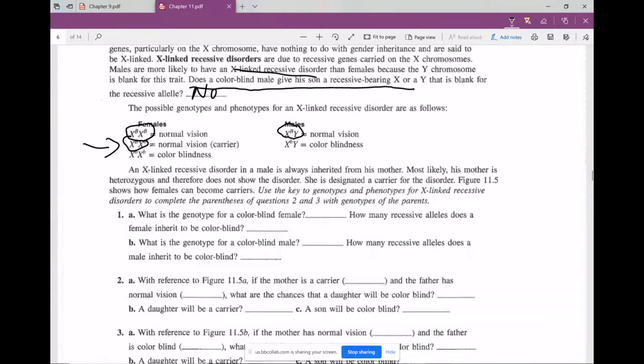On the other hand, if you're homozygous recessive for color vision in the female, then you're colorblind. And for males, all it takes is one copy of that recessive X-linked trait. Remember, you have to inherit that from your mother. Otherwise, you can't get that from your father.